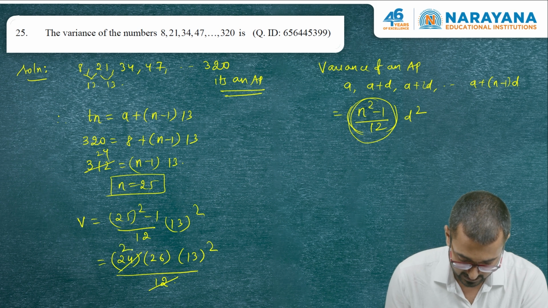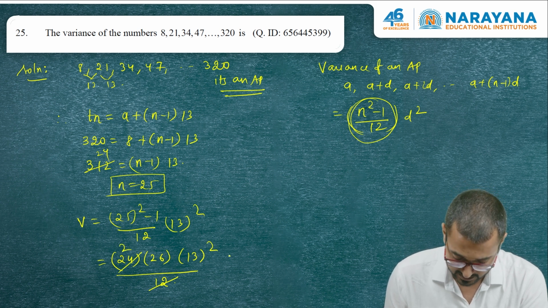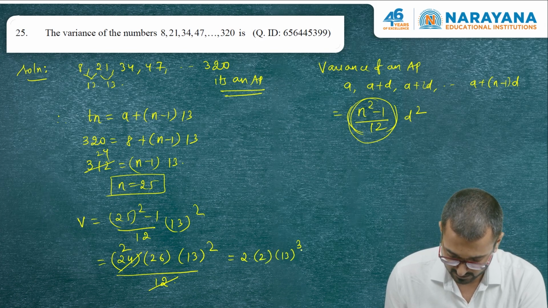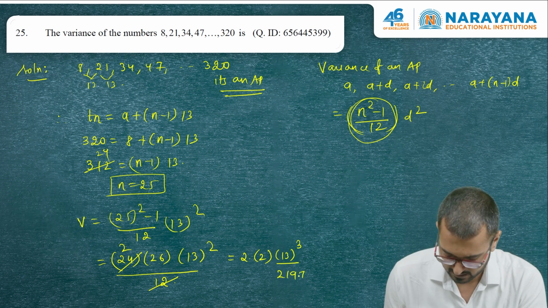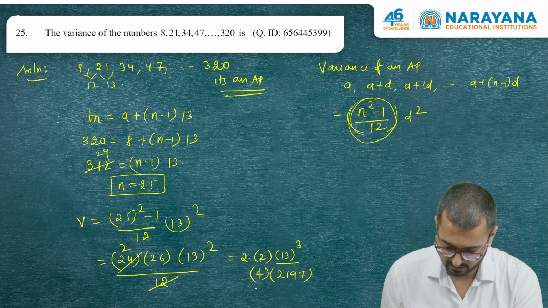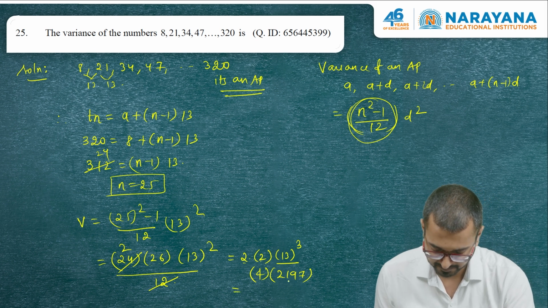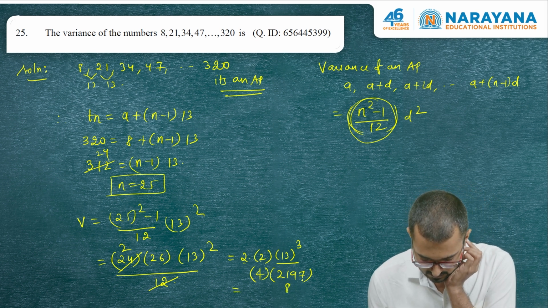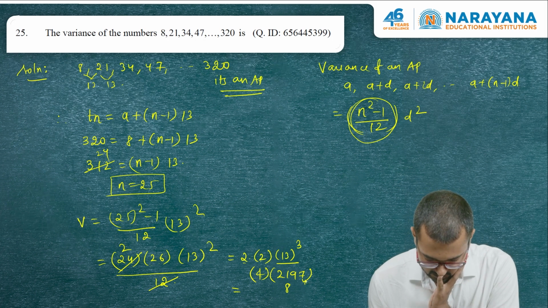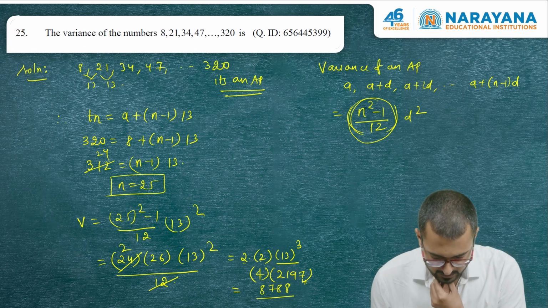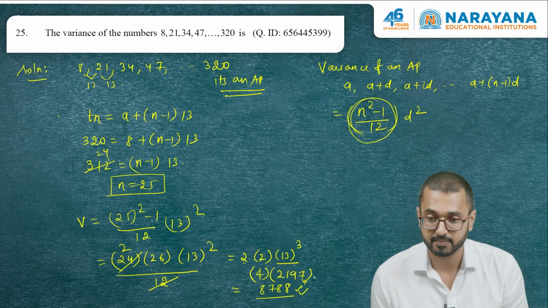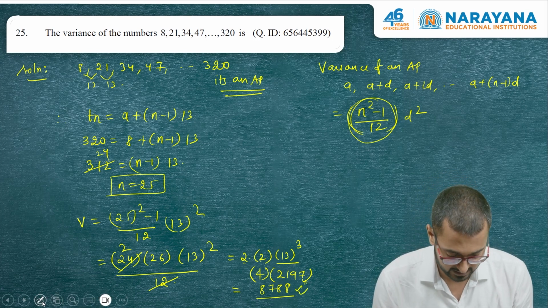So 12 and 2 give 24, which means I can write 2 into 2 into 13 cube. 13 cube is 2197, so 2197 into 4 gives 8788. So the answer to this question would be 8788.